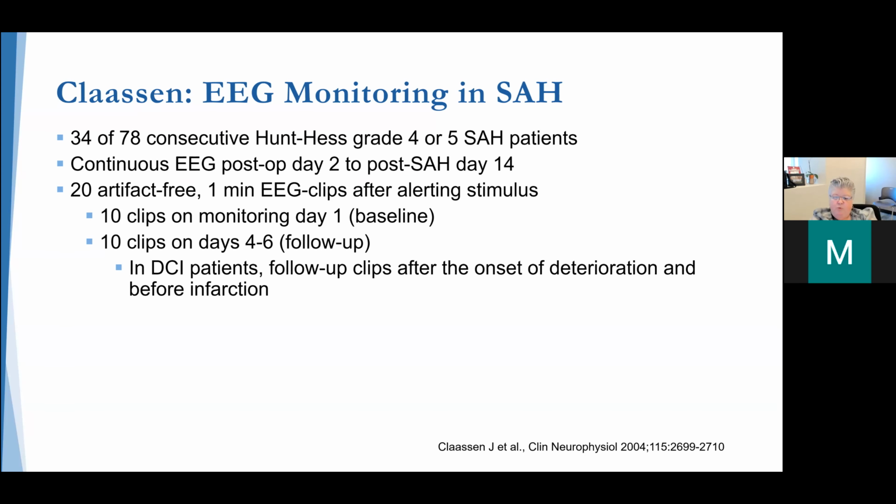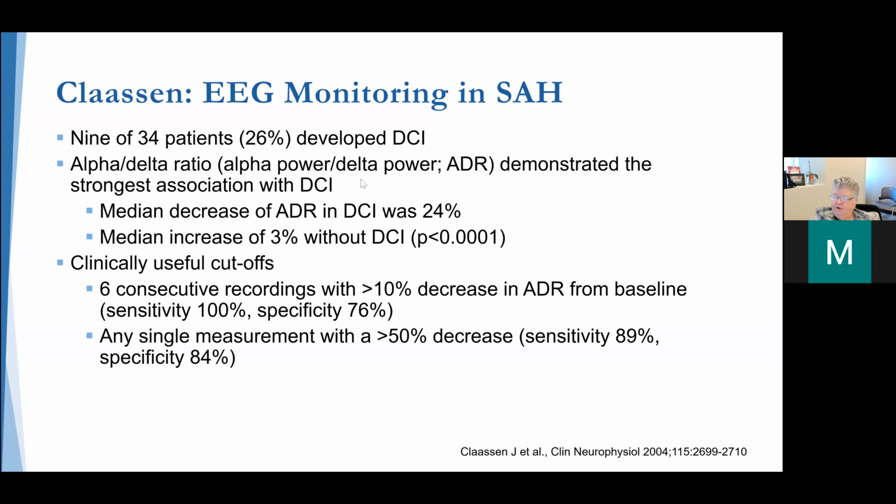They looked at 1-minute clips of the EEG over time, and these clips were done both at baseline and then at follow-up between days 4 to 6, when patients are at highest risk for deterioration. 9 of their 34 patients developed delayed cerebral ischemia, and they found that the alpha delta ratio, which is the ratio of alpha 8 to 14 hertz versus 1 to 4 hertz, had the strongest association with delayed cerebral ischemia, with a median decrease of ADR of about 24%.